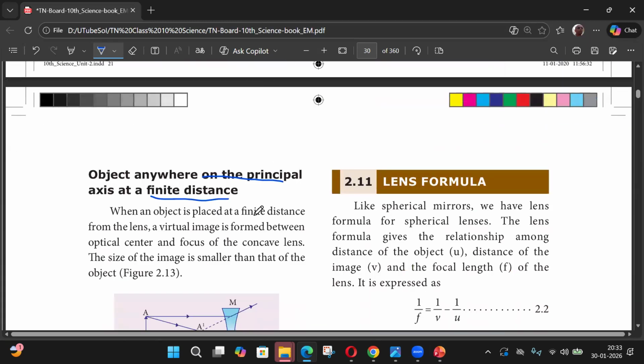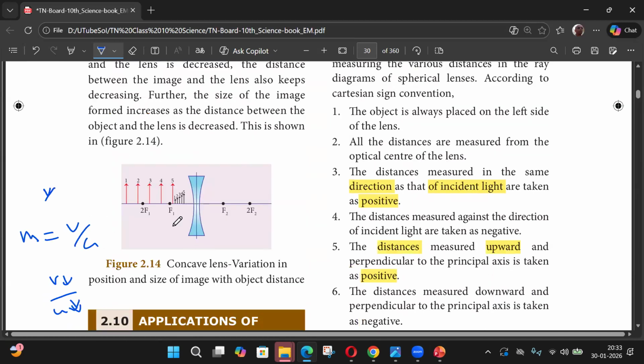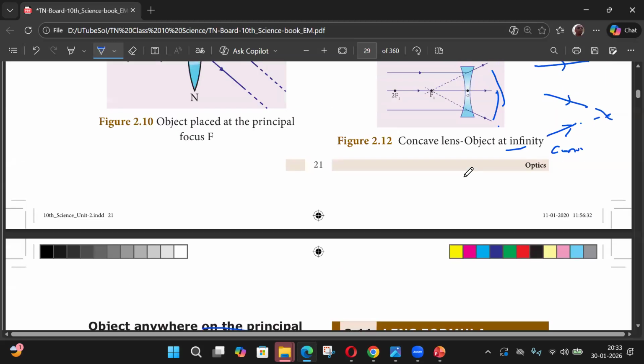The second case is even within the focal length; this result is the same, I think. Here, the fifth case is within the focal length. So in all these cases, the result is the same. It's virtual and erect. In the infinite case, again it's virtual and erect, but it becomes a point image.